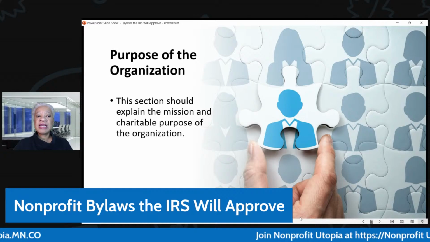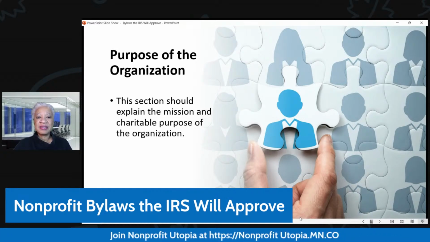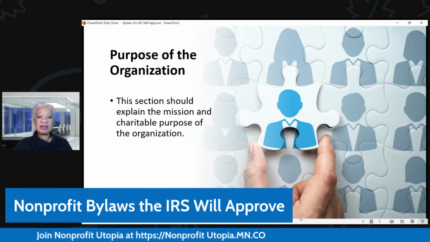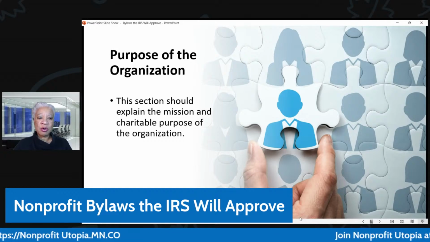The next thing you want to have is the purpose of the organization, and that purpose needs to be consistent with the tax exempt purposes outlined in the IRS code.